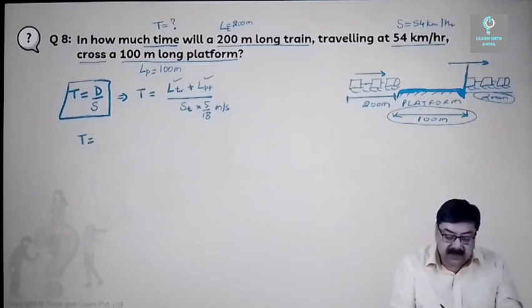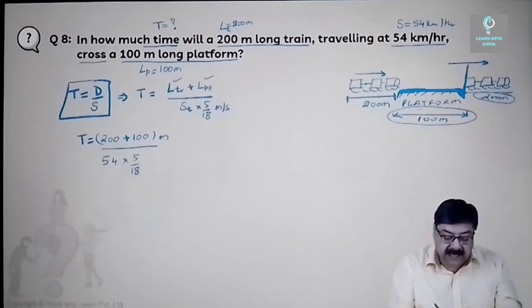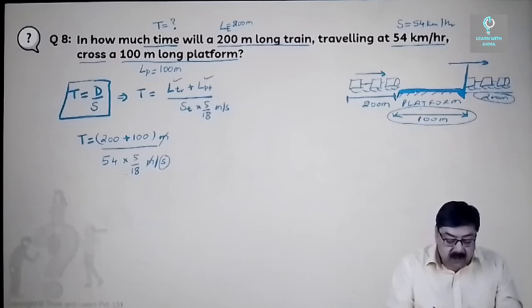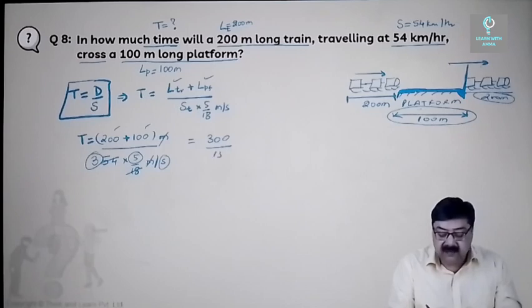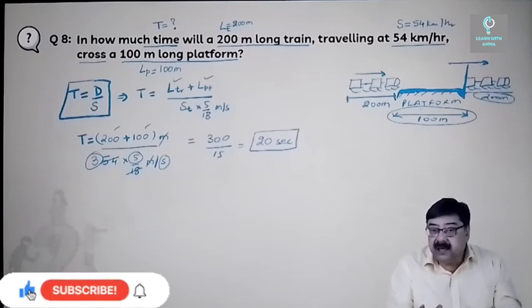So the time here becomes 200 plus 100, that is in meters, by speed of the train, that is 54 kilometer per hour, so into 5 by 18 to convert it into meters per second. Meters will cancel. Our answer will come in terms of seconds. So 18 into 3 is 54. 200 plus 100 is 300. 5 into 3 is 15. So clearly 20 seconds will be taken by the train to cross the platform completely.